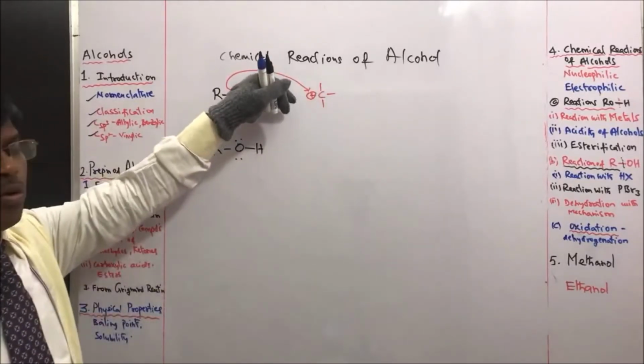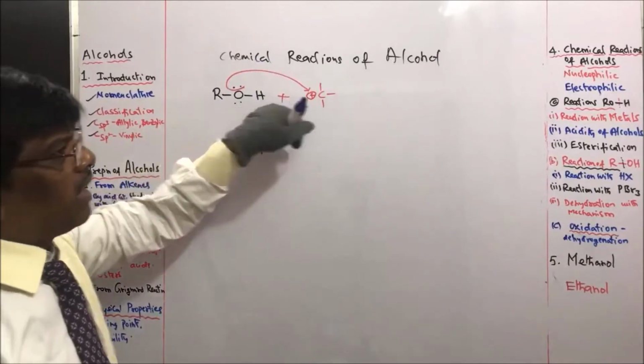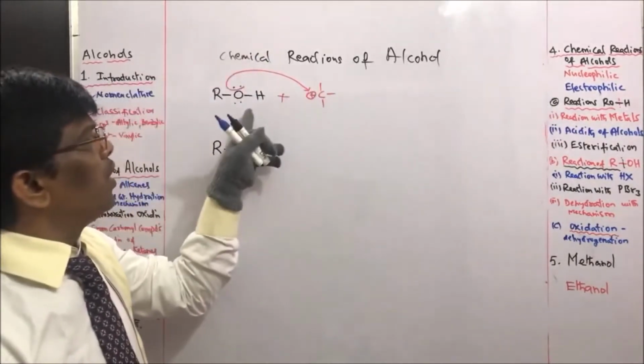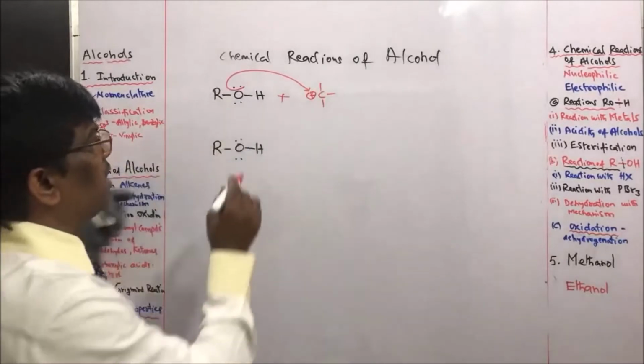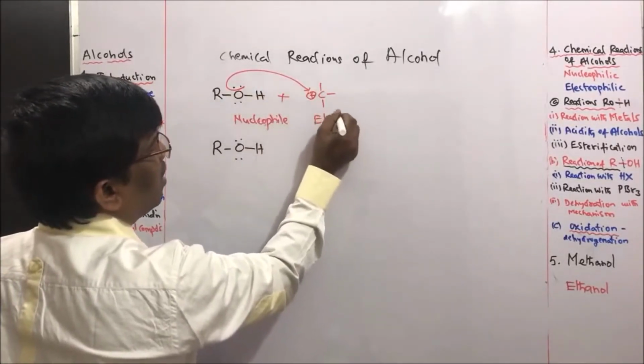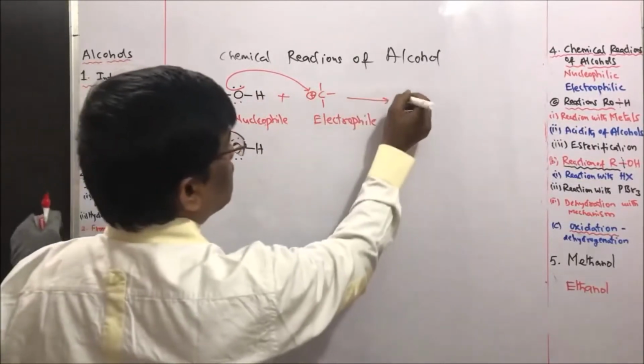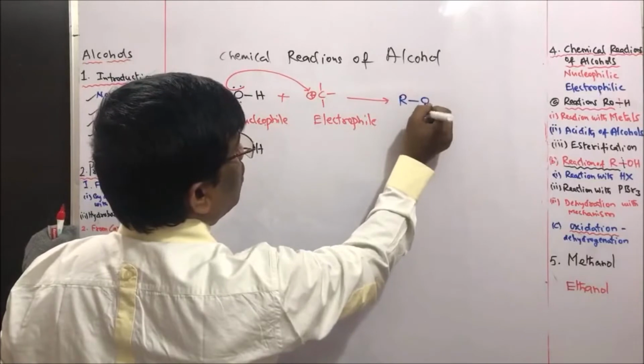Because of this lone pair of electrons on oxygen, alcohol acts as a nucleophile and reacts with an electrophile. It is a neutral nucleophile.